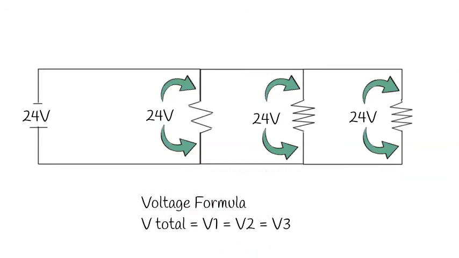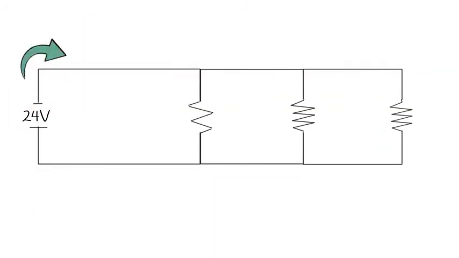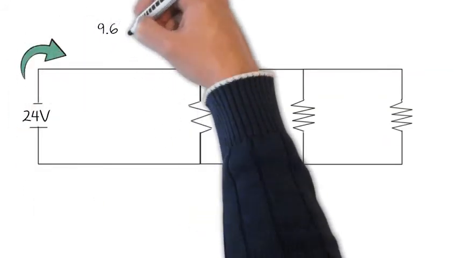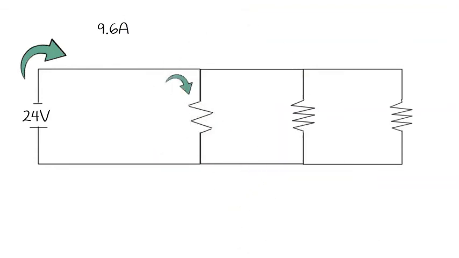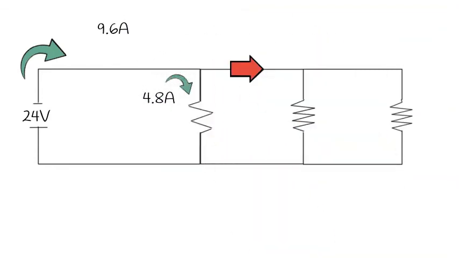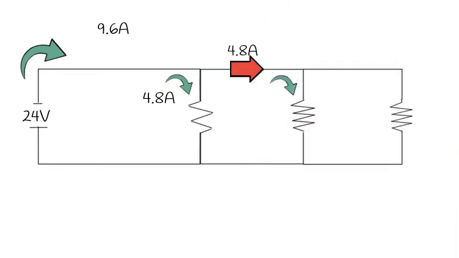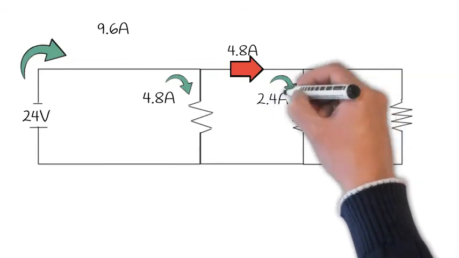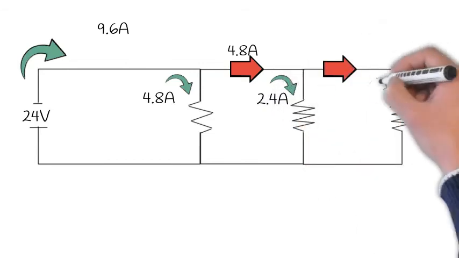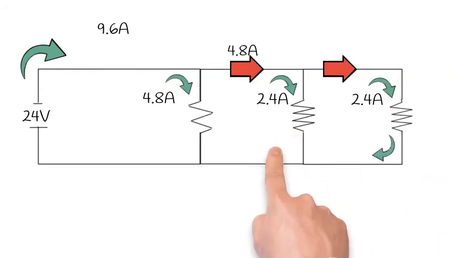We also see that our I total is equal to the summative value of the current in each one of the branch circuits. I total equaling I1 plus I2 plus I3. Or in other words, that the current that enters a node is the same value of the current that leaves the node.